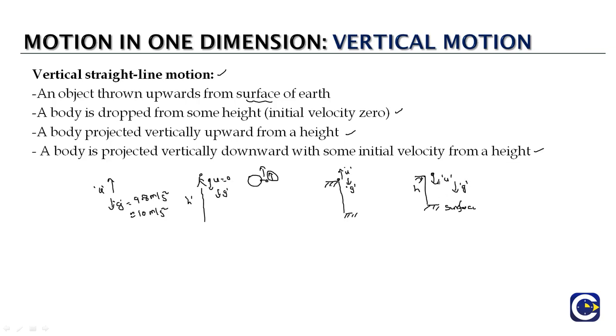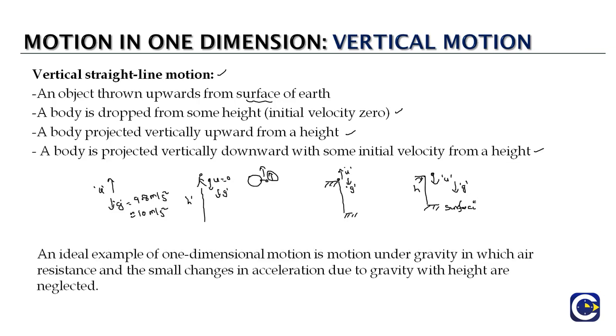So we see that the particle is going to be increasingly changing its velocity, since the velocity and the acceleration are in the same direction, and then eventually it will reach the surface of the earth. So these are the broad cases that we have in case of motion along a vertical straight line.